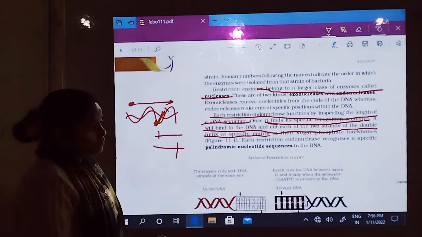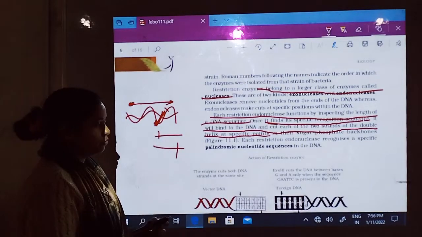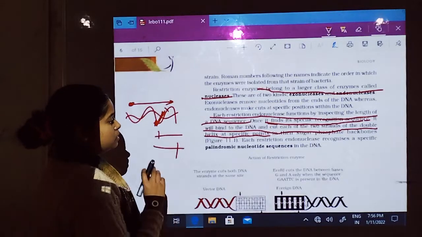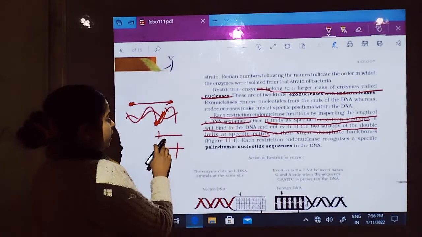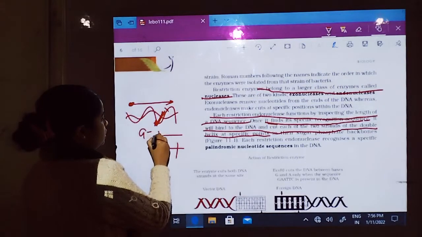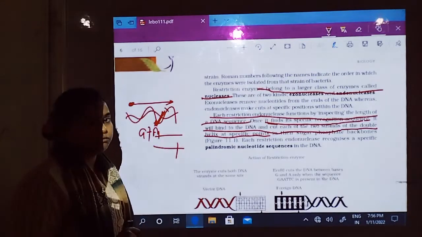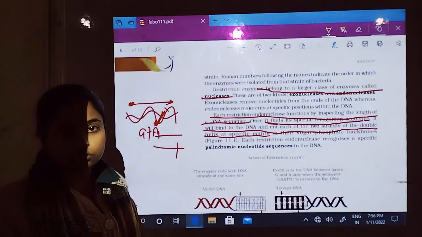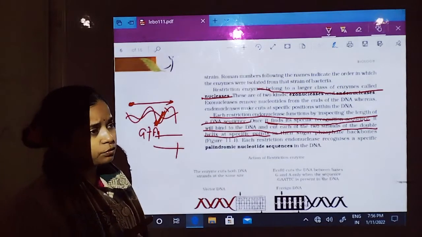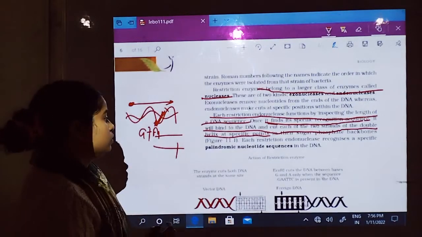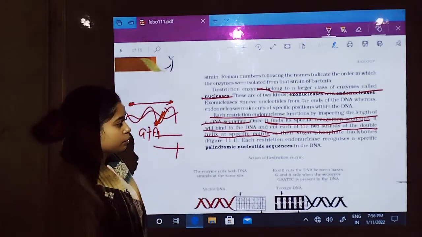That means it cannot act on a recognition sequence just anywhere. It finds a point where particular base pairs are present, and only then breaks the phosphodiester bond between the two nucleotides of two different base pairs.